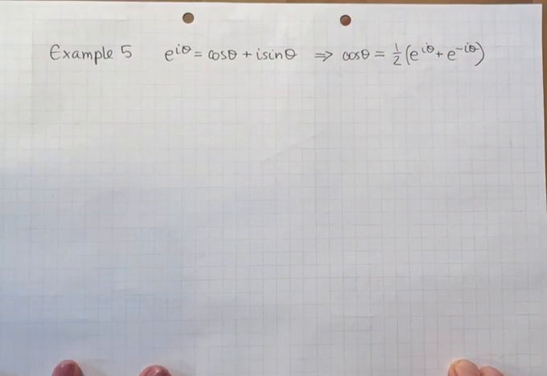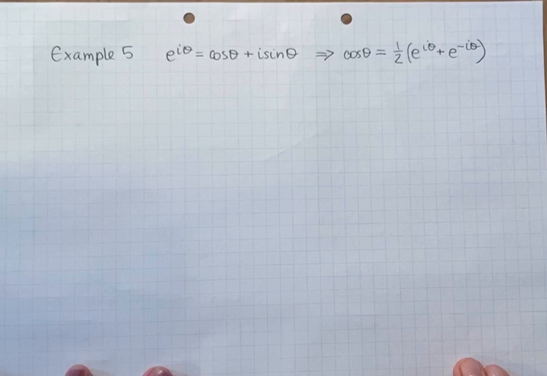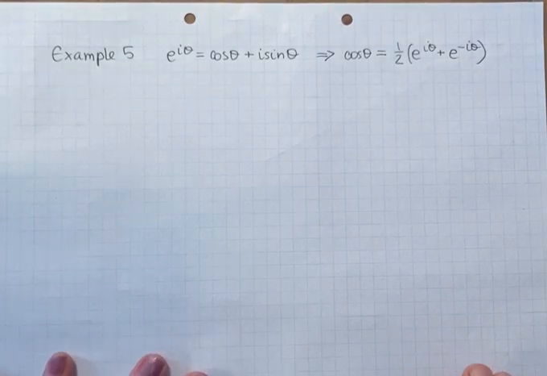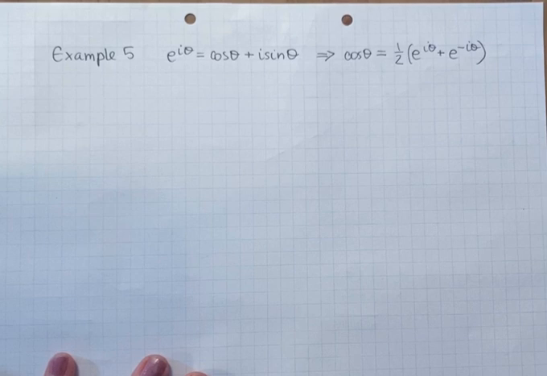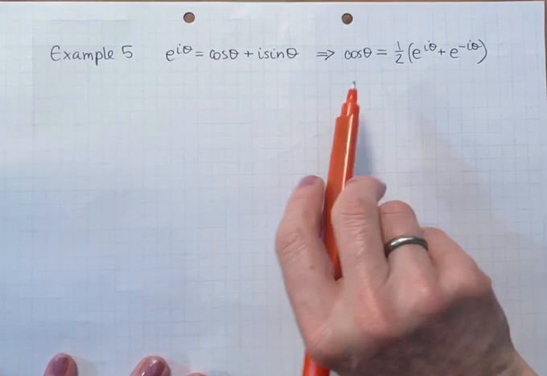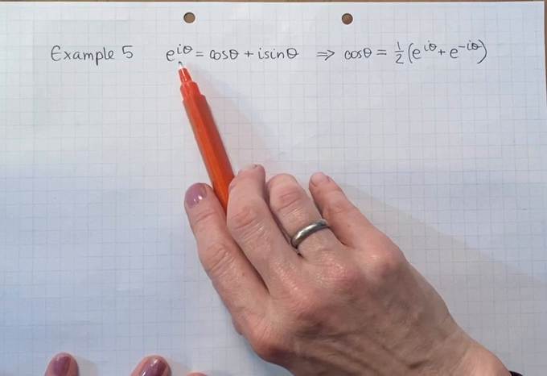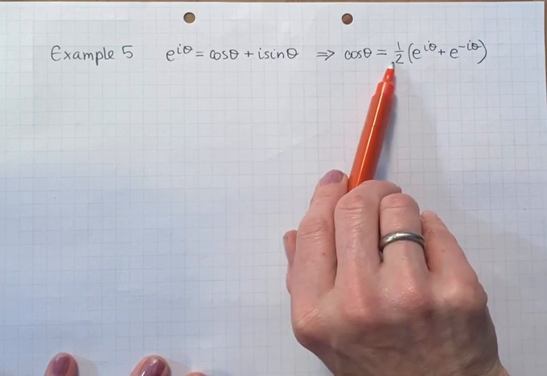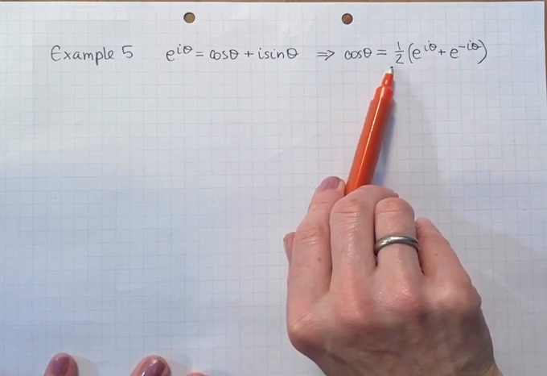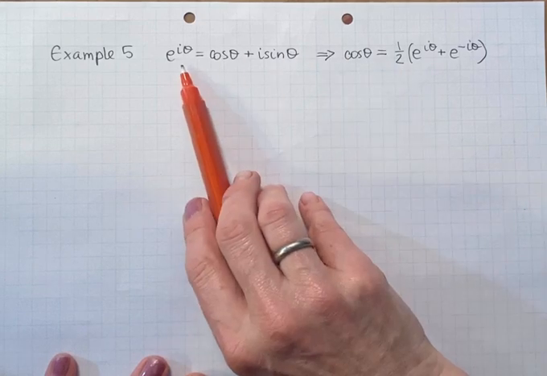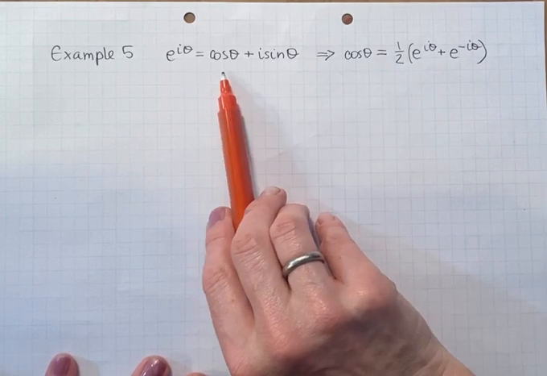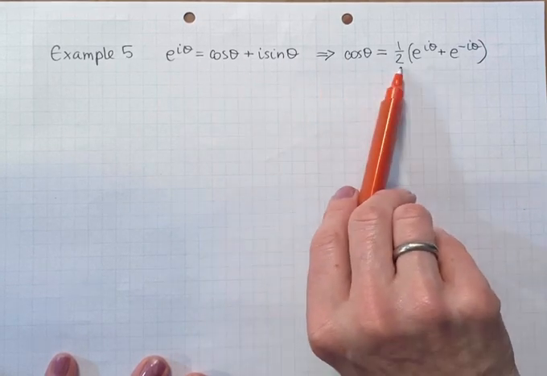This is example 5. Okay, over here, what I've jotted down is we are asked to express, using this complex number, arrive at this property. It actually says use this to show that you get that.